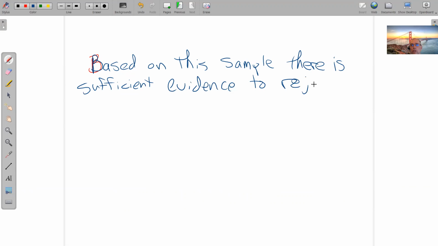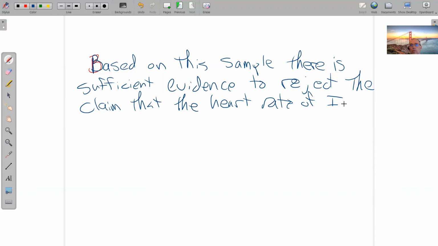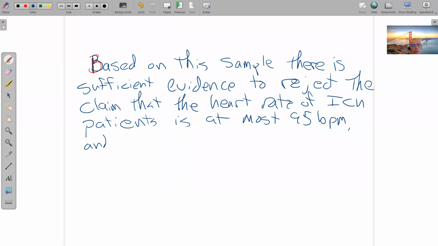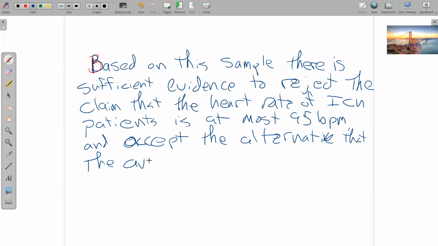to reject a claim, I'm gonna make this a little more formal than the last one, that the heart rate of ICU patients is at most 95 beats per minute, and accept the alternative at the average heart rate.